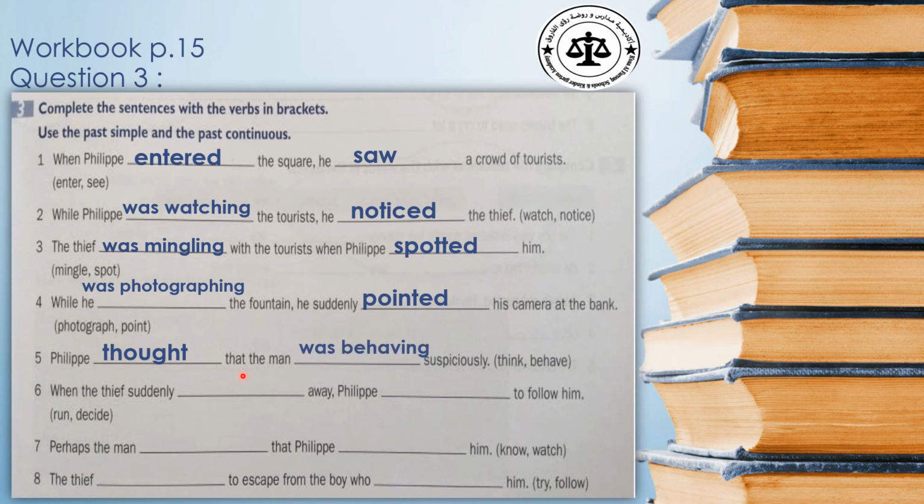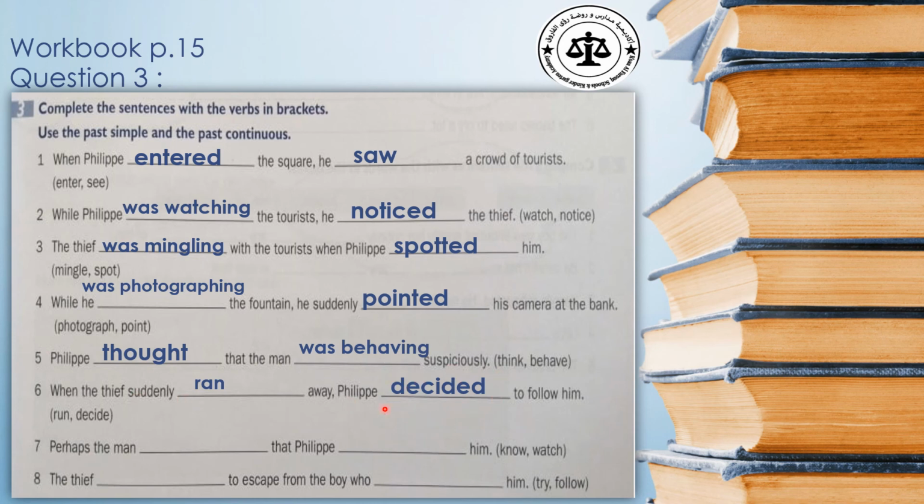was behaving, excellent. Number 6, when the thief suddenly, when, what, ran, yes, away, Philip decided, excellent, to follow him. Why do we use decided here?